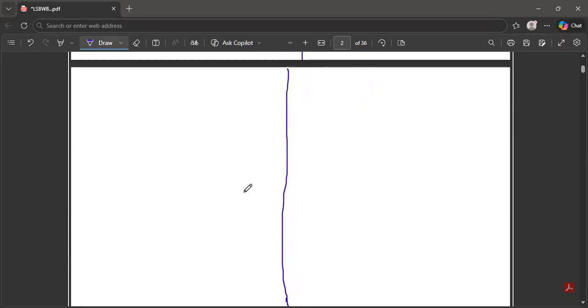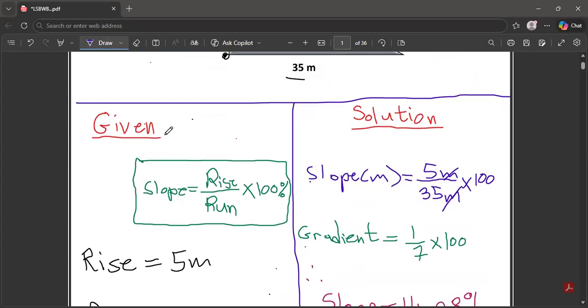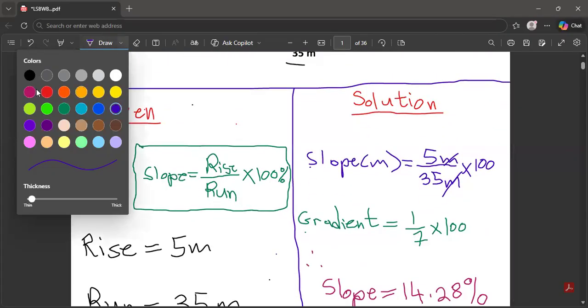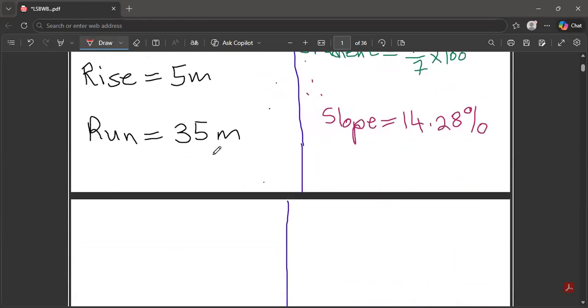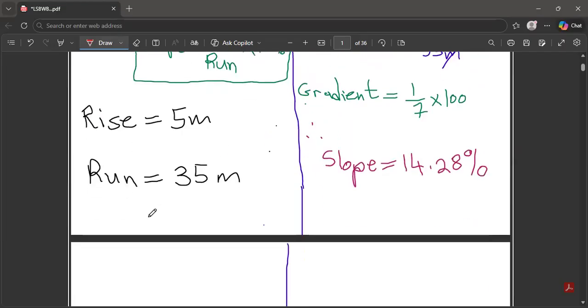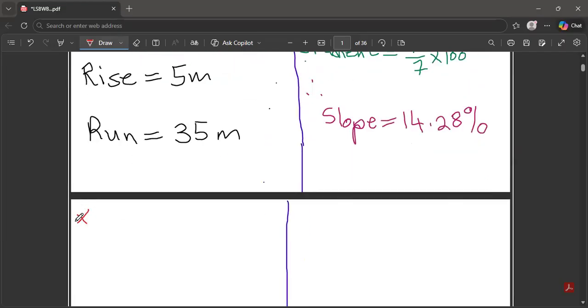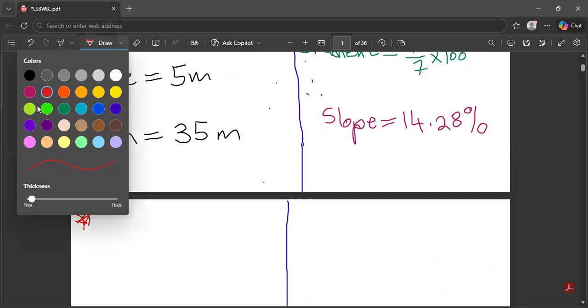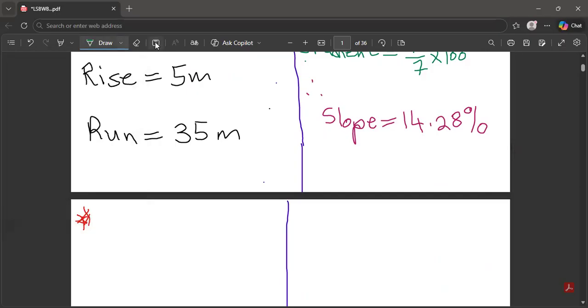Let me quickly number the page. So we are putting an asterisk over here, and that asterisk simplifies that. We can write 14.28 as a ratio 1 in n. So let me quickly jot that down to make life easy.